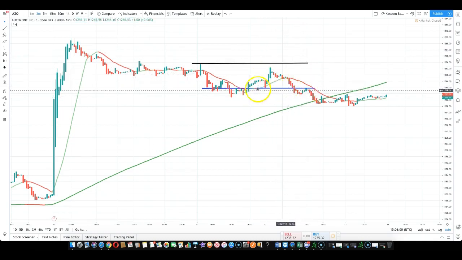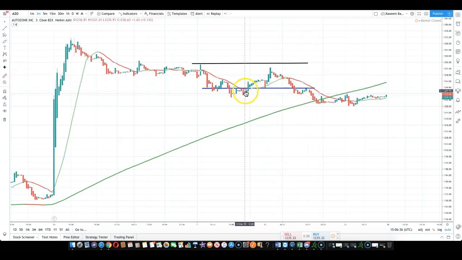At this point here, when it clearly broke the line and it's still below the 20, because remember, one of my big five rules is when prices are above 200 and below 20, you wanna always place a put, or you wanna just sell the stock depending on the platform you're using.